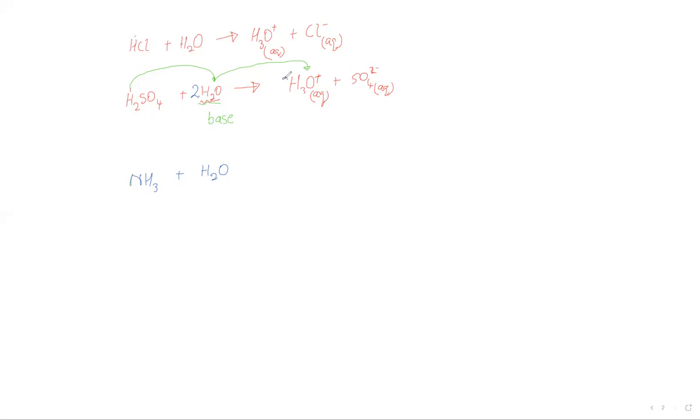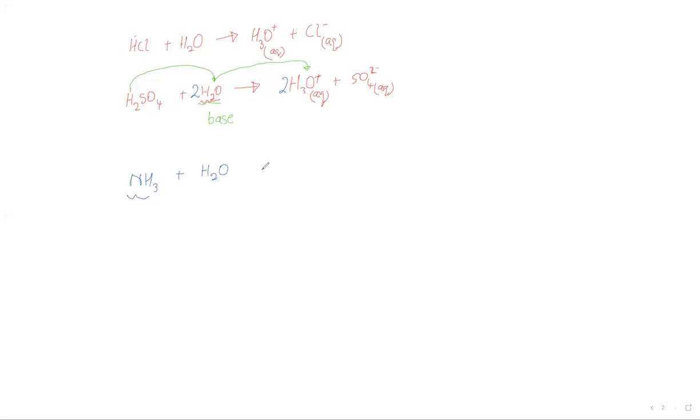You can also put a 2 there. 2 H's here. 3 H's there times 2 is 6. I have 2 here. I have 4 plus 2 is 6. 3 times 2 is 6.